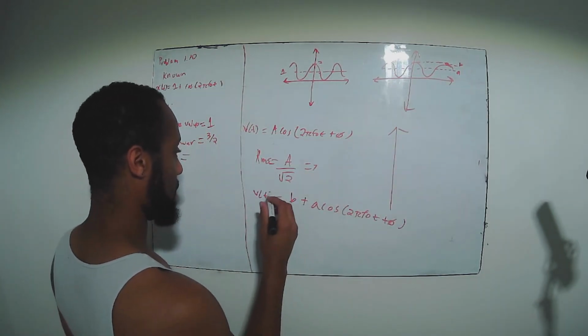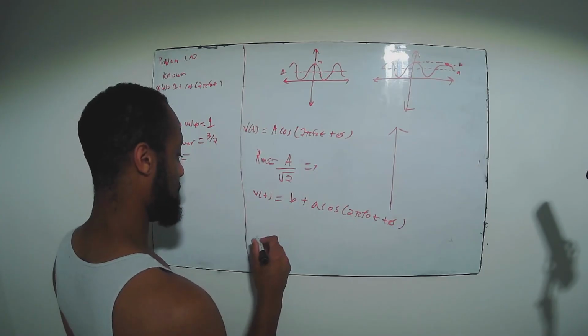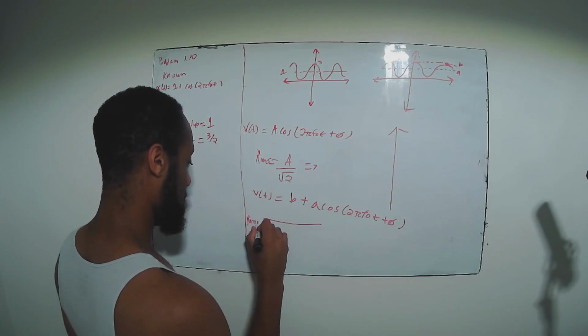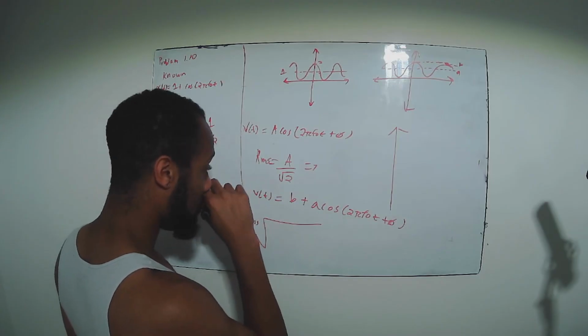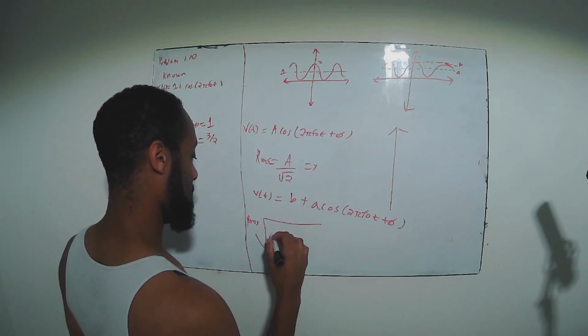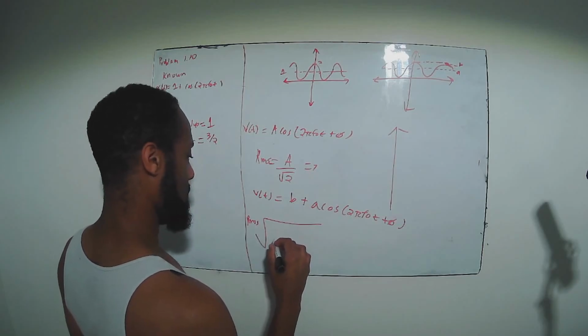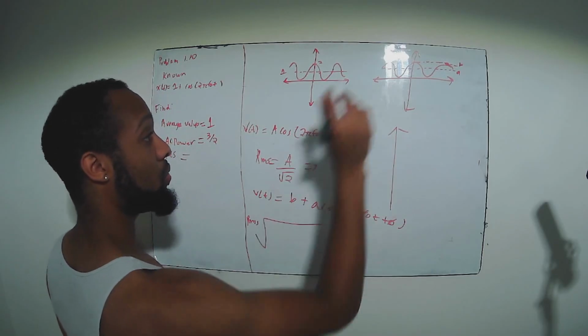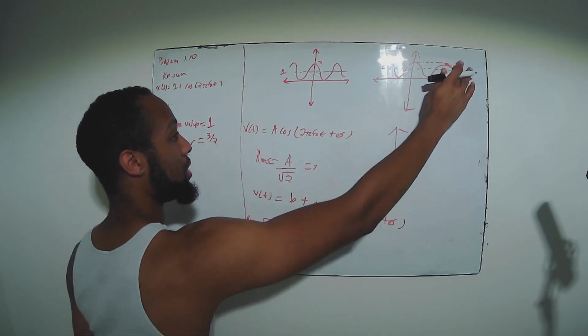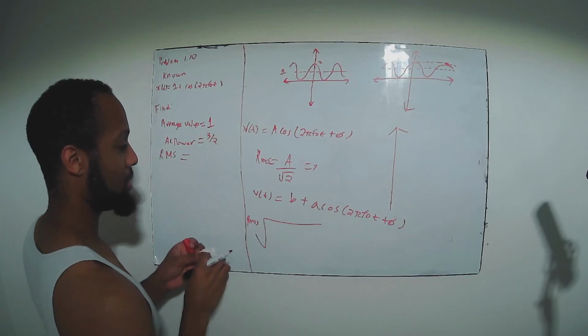What we get from the RMS, instead of having A over root 2, is the square root of... not A and B here. Let me not put that here, this is a little bit confusing.